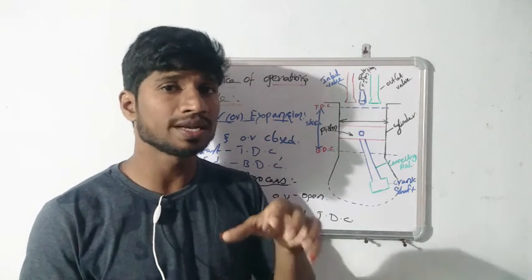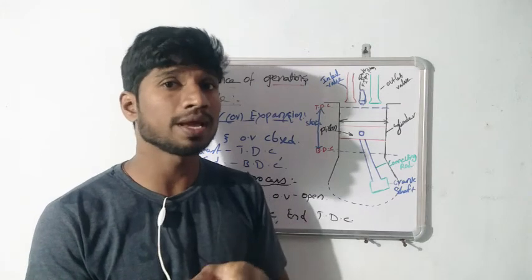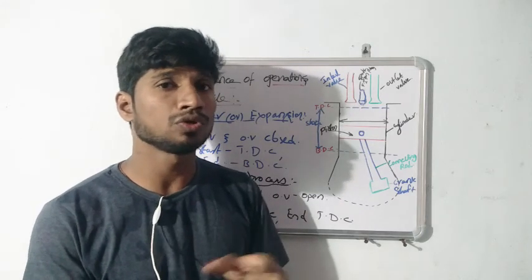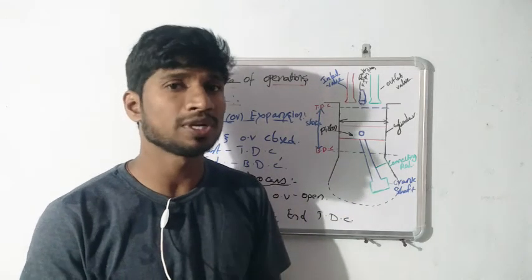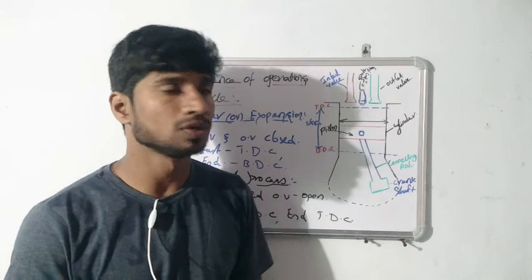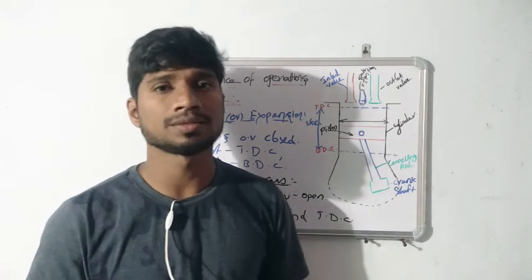Due to that addition of fuel spray to the already well compressed air inside the engine cylinder, combustion takes place in diesel engines. So this is about the working process of IC engines.